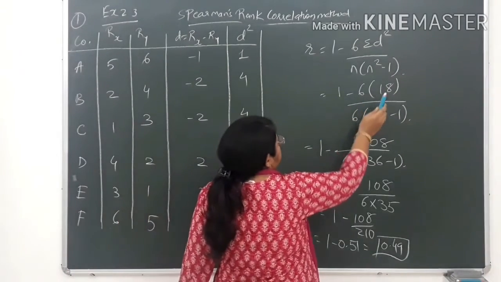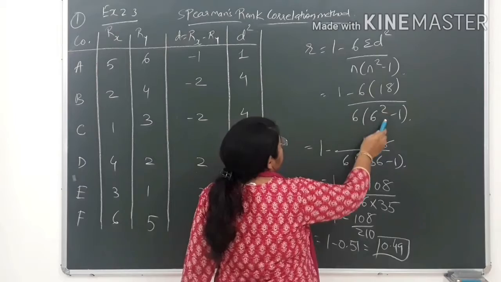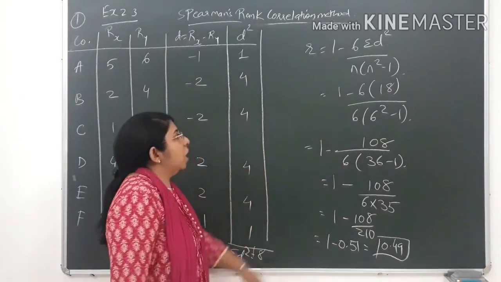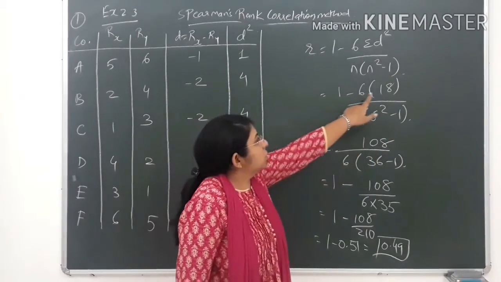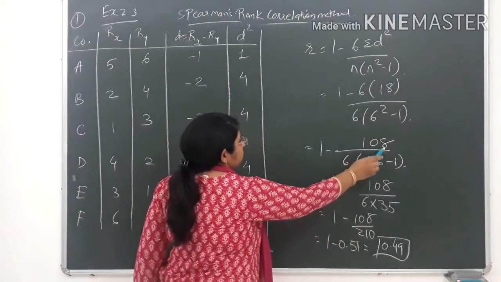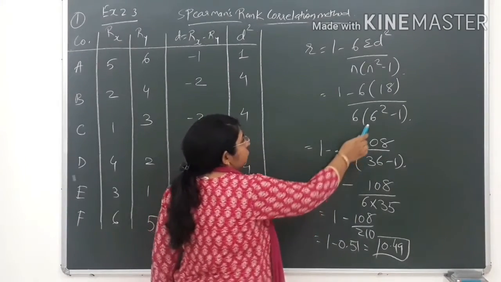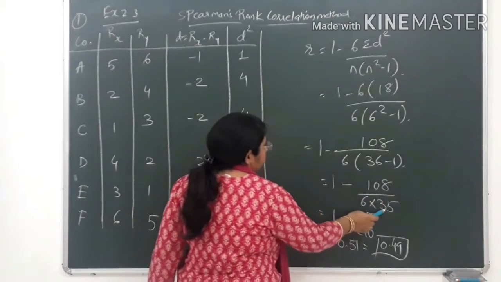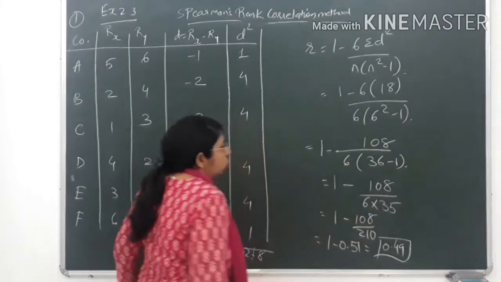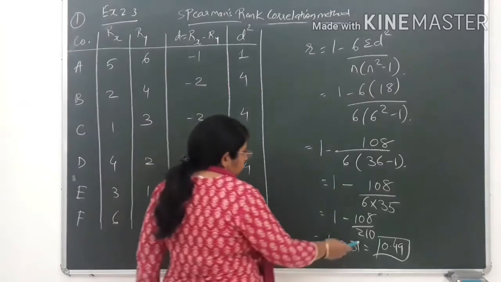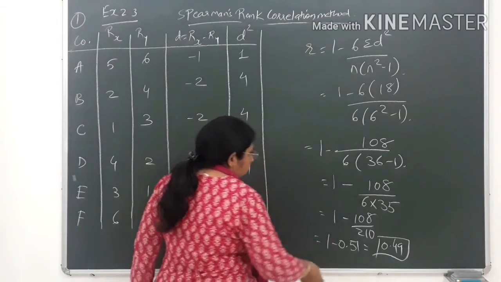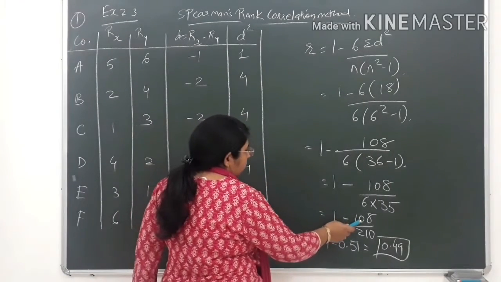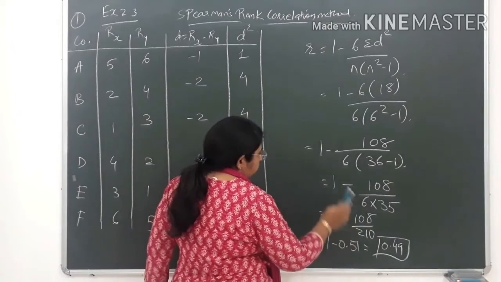So 6 into 18 upon 6 into 6 square minus 1. Now 6 into 18 comes to 108, upon 6 into 36 minus 1, that is 35, and 35 into 6 comes to 210. So 1 minus 108 upon 210.